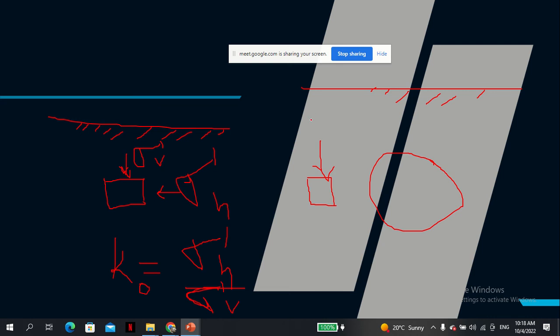So these values, let's say sigma v1 and sigma h2, are different, and the k here is now different.